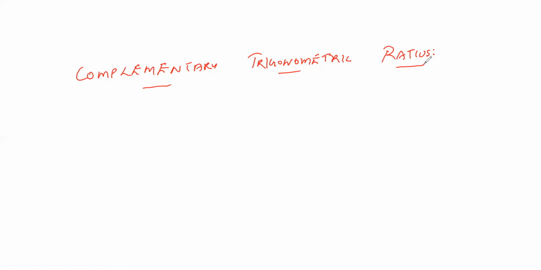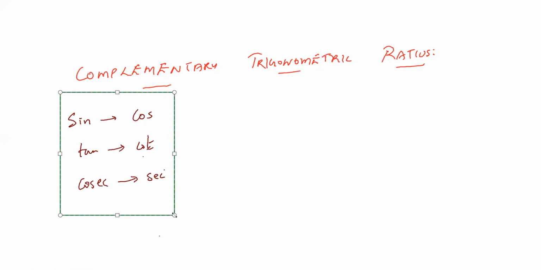So there are some complementary ratios that I will write here. Sine complementary is cos. Tan complementary is cot and cosec complementary is sec. So this is an important trick for you to remember the complementary. Now what I'm going to write is a trick, the smart way to remember.